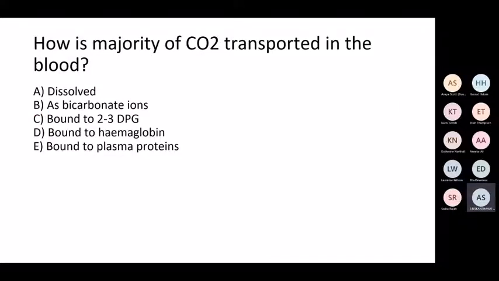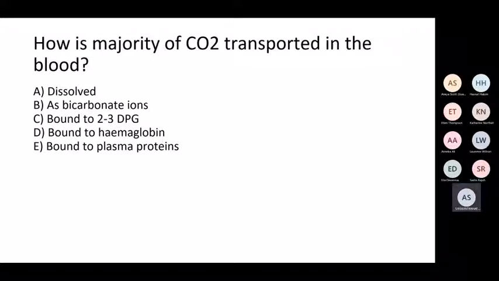Next one. How is the majority of CO2 transported in the blood? So another 30 seconds. Okay, 5 seconds left.